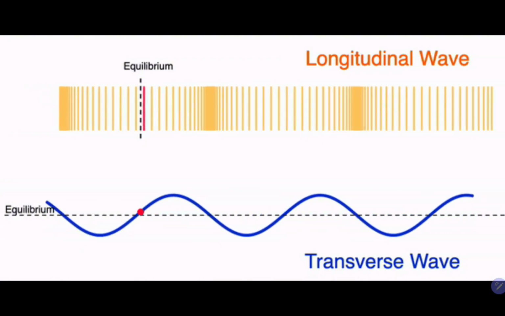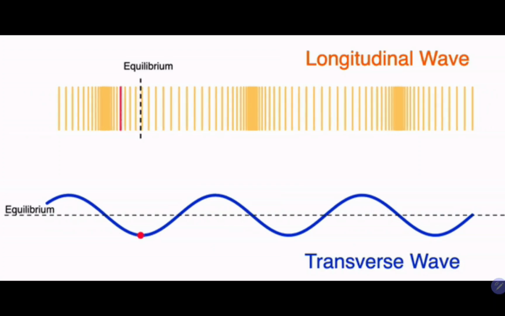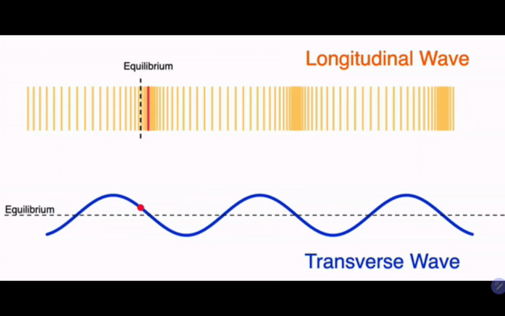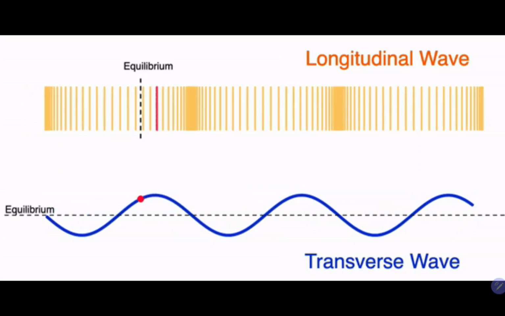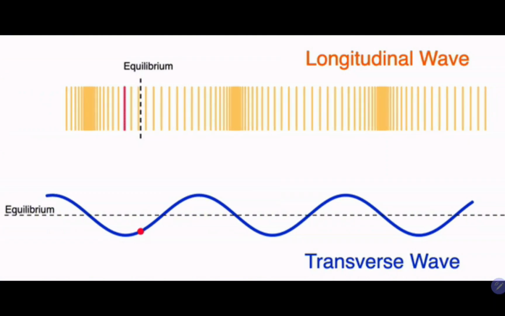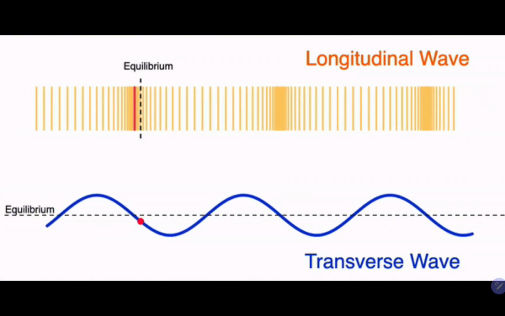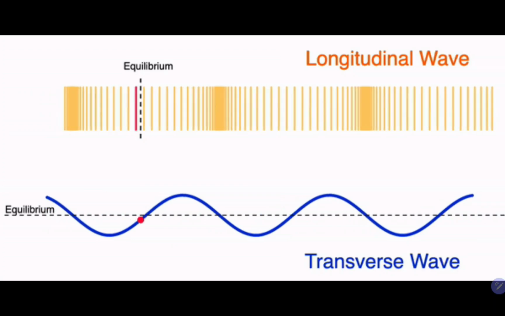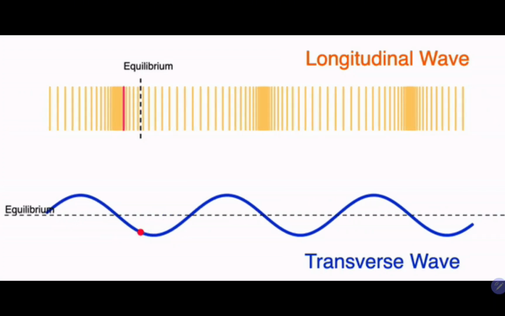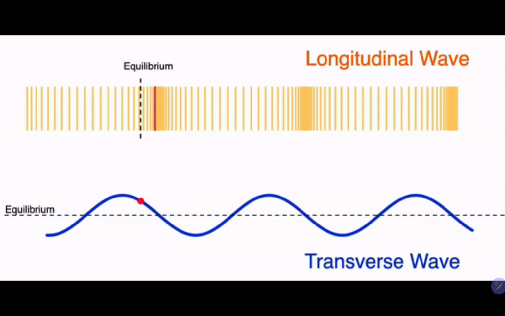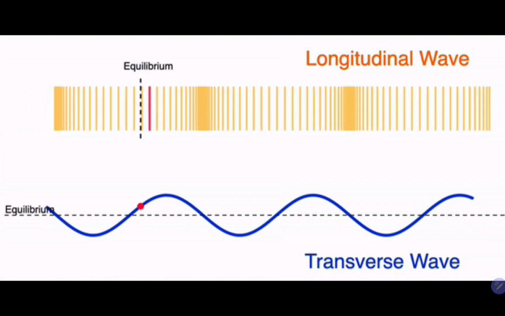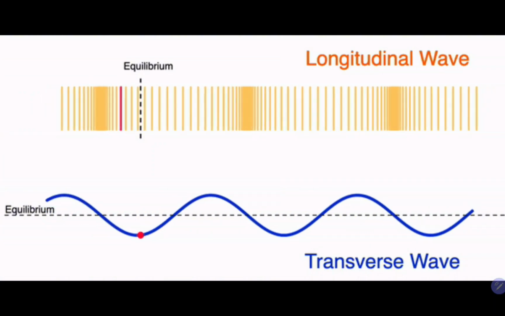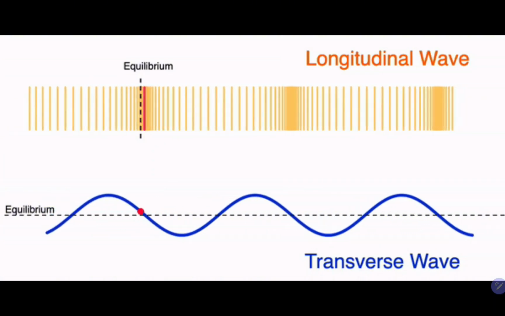Those squashed parts are what is called compressions, and the parts where the particles are spread out is called rarefactions. So these are the properties, and the distance between two compressions or two rarefactions is called the wavelength.